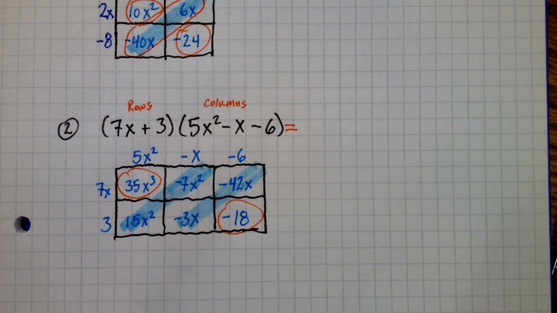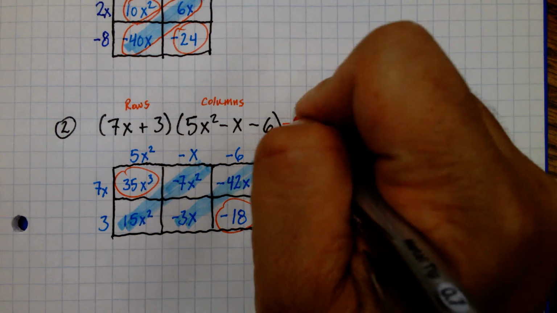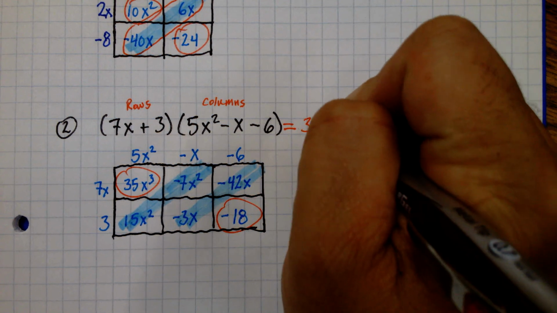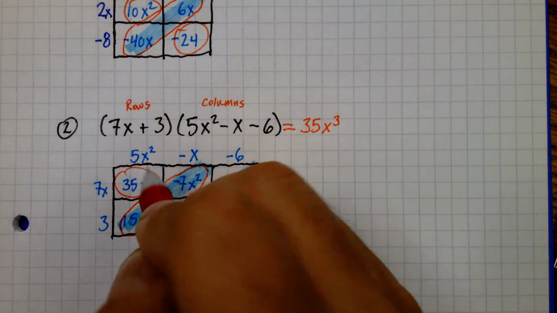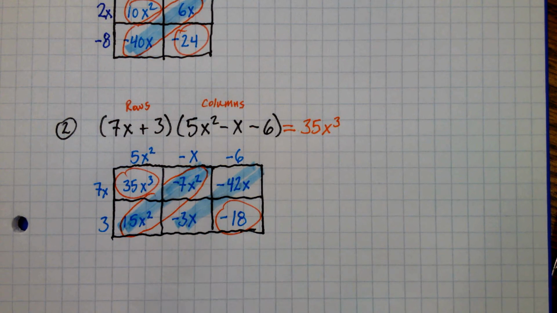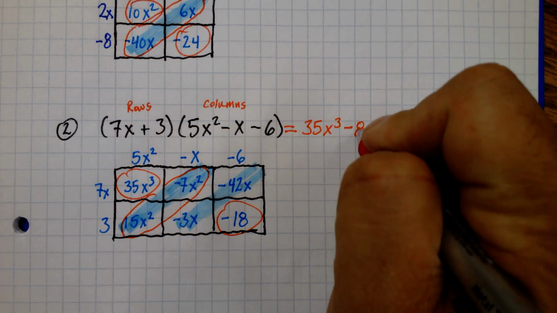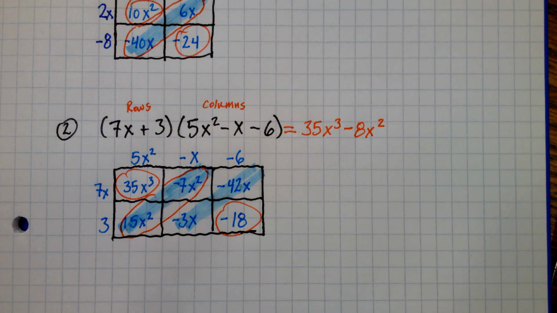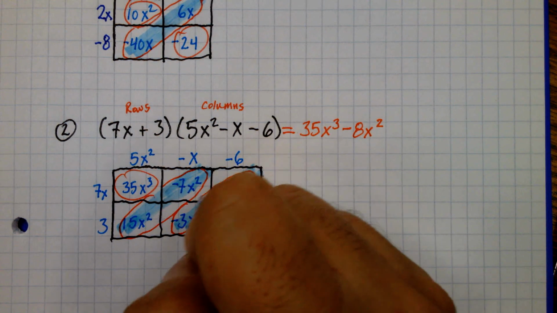So now let's start writing our answer. We have 35x cubed. And then we have to combine this. So it's 15 take away 7. What does that give us? 8x squared. Just combine the like terms, combine the coefficients. And then we have to do this part.